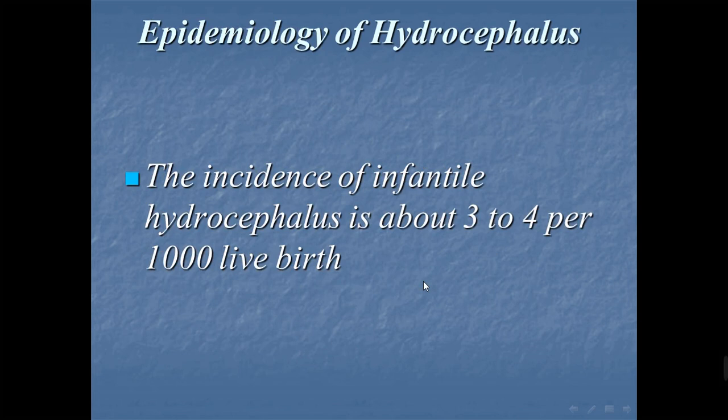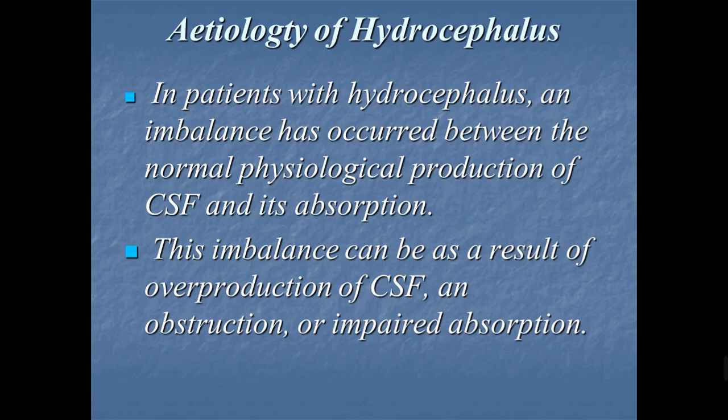Now, regarding the epidemiology of hydrocephalus, the incidence of infantile hydrocephalus is 3 to 4 per 1,000 live births. What are the etiologies of hydrocephalus? In patients with hydrocephalus, an imbalance has occurred between the normal physiological production of CSF and its absorption.